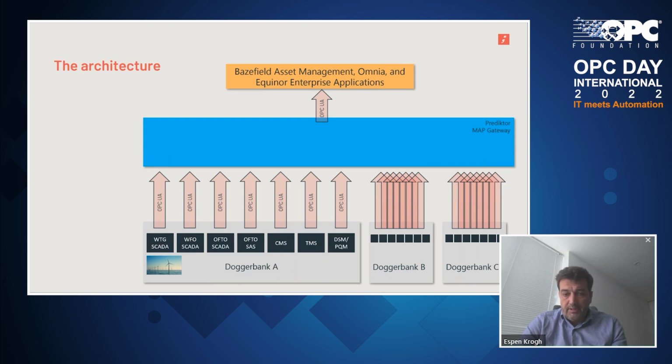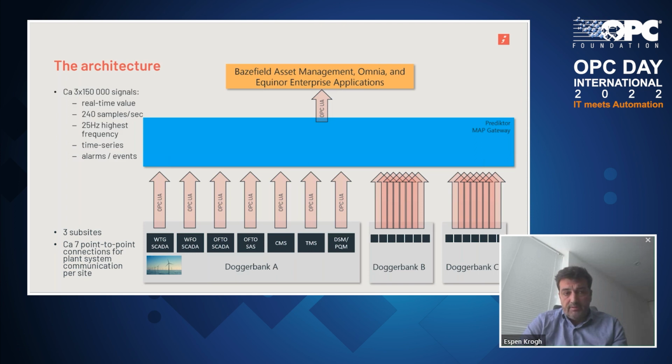The Dogger Bank is structured in 3 sites, Dogger Bank A, B, and C. All of those will provide data to that gateway, and that gateway will then provide a single endpoint with one unified and defined information model to the base field asset management system, Equinor's Omnia Cloud, and other Equinor enterprise applications.